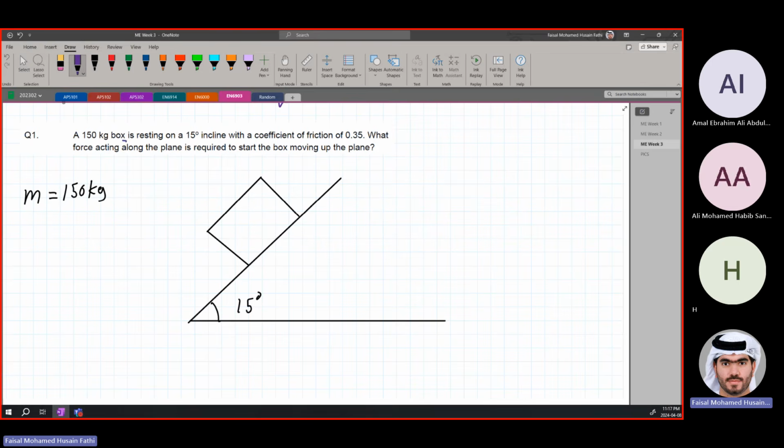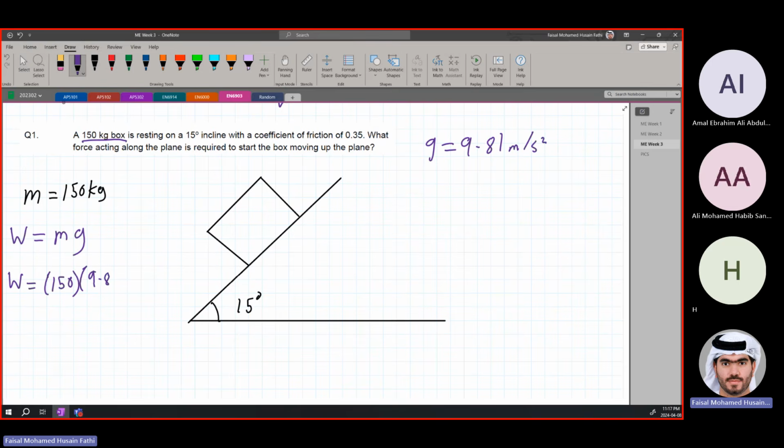This means, from the very beginning, we know that we can find W is equal to mg. W is going to be equal to mass, which is 150, times gravity. Gravity, I always assume it to be 9.81 meters per second squared.